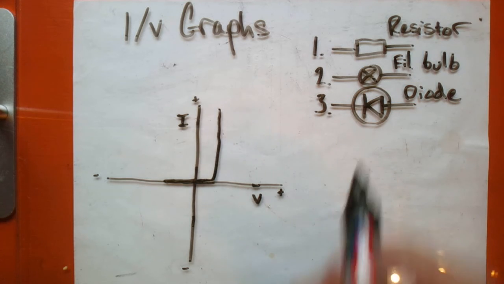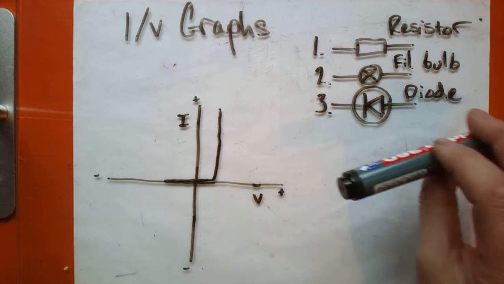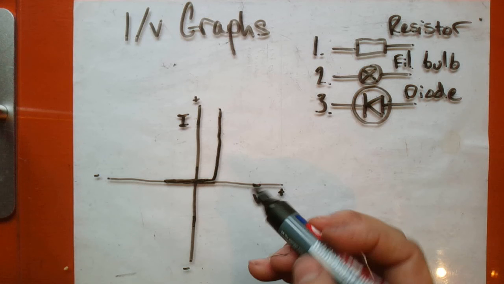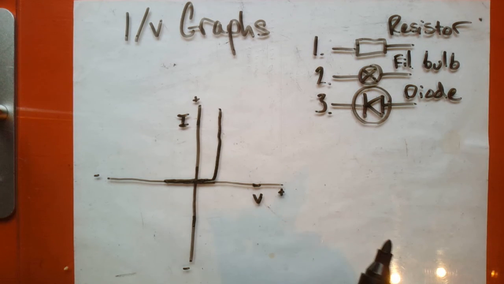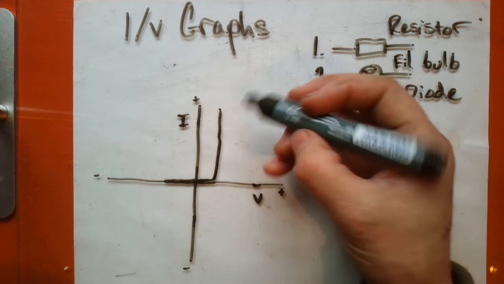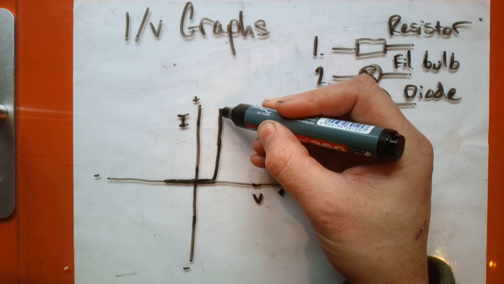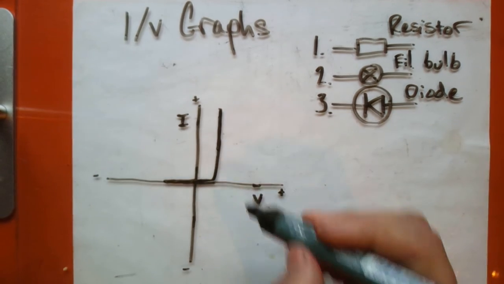So this allows current to flow really easily in the correct direction, but will be infinitely resistant in the opposite direction. It won't allow current to flow this way, it will allow current to flow that way. The arrow helps us indicate that.